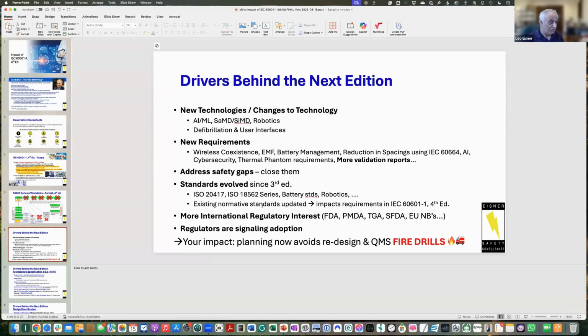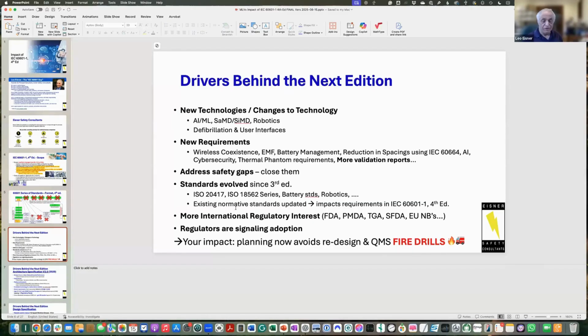Standards evolved since third edition. 20417 didn't exist when third edition came out. That's information supplied by the manufacturer, or gas pathways, the 18562. Batteries have developed significantly in the last 5 or 10 years. Robotics have advanced hugely in that time period.